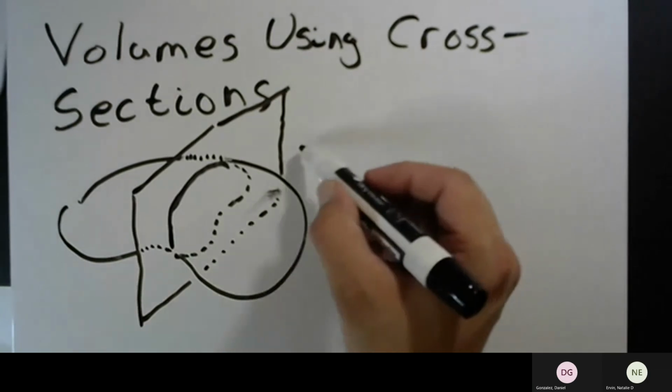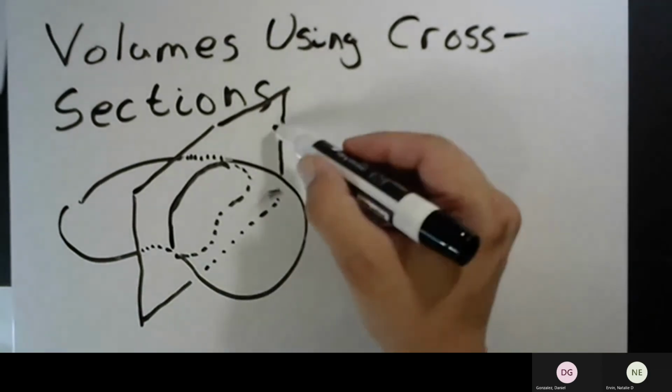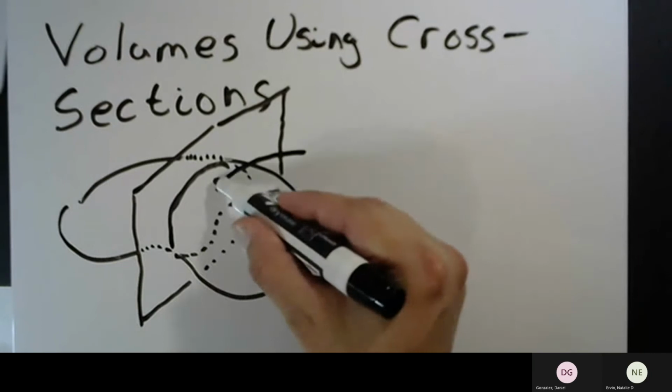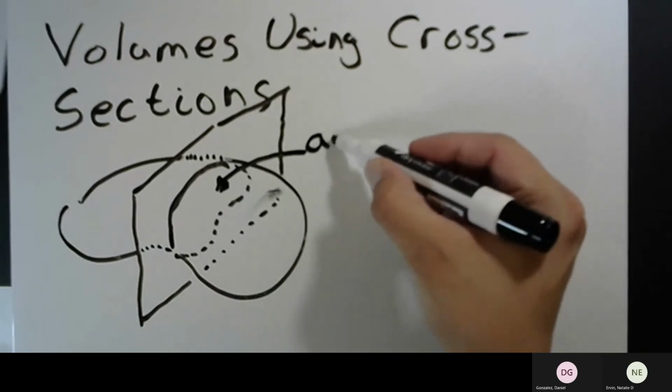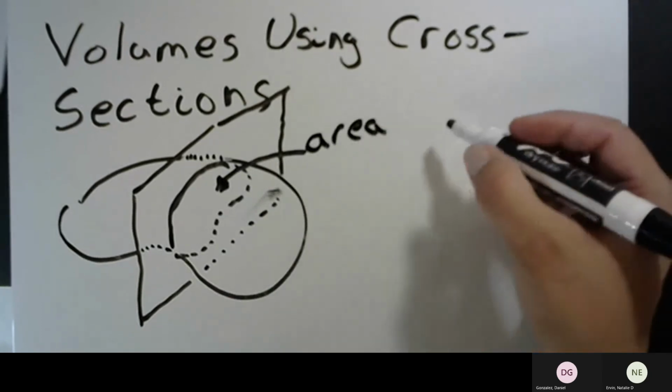If we take a cross section, if we intersect this shape with a plane, we're going to have a little area here that's our cross section.